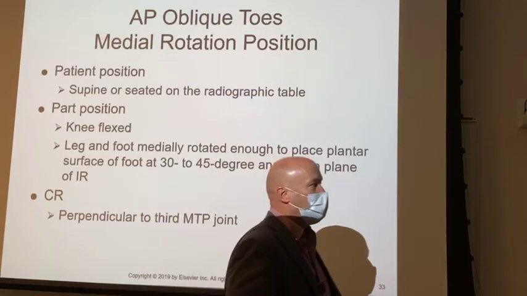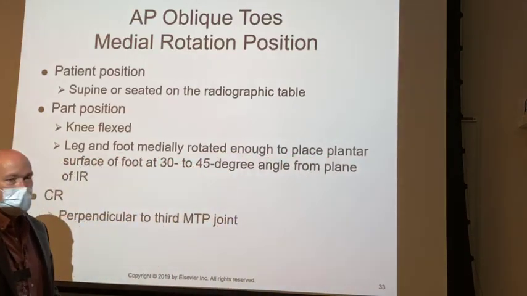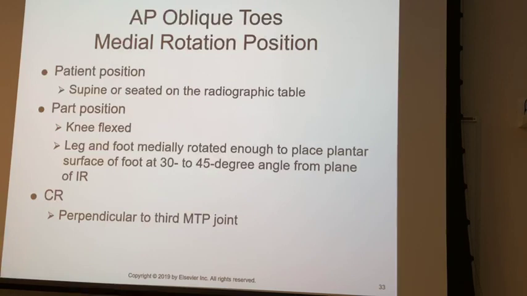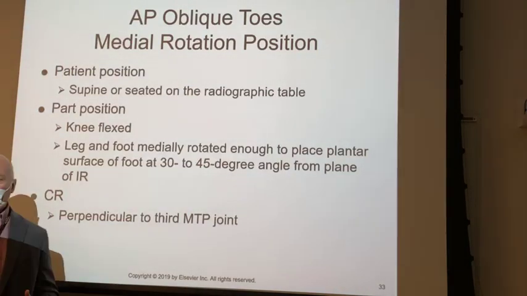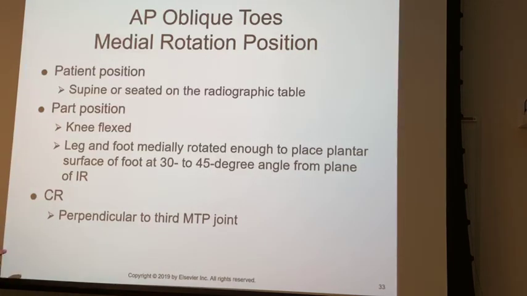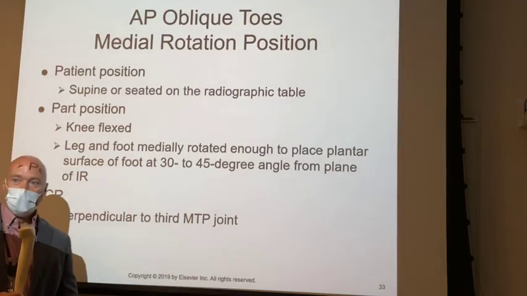All you're going to do on the oblique is identify where the patient's pain is, and you're going to oblique them 30 to 45 degrees in that direction. Now notice you've got a range here, 30 to 45 degrees. And what's going to determine that is the shape of the patient's foot. Have you ever met anybody who's flat-footed? Truly flat-footed?